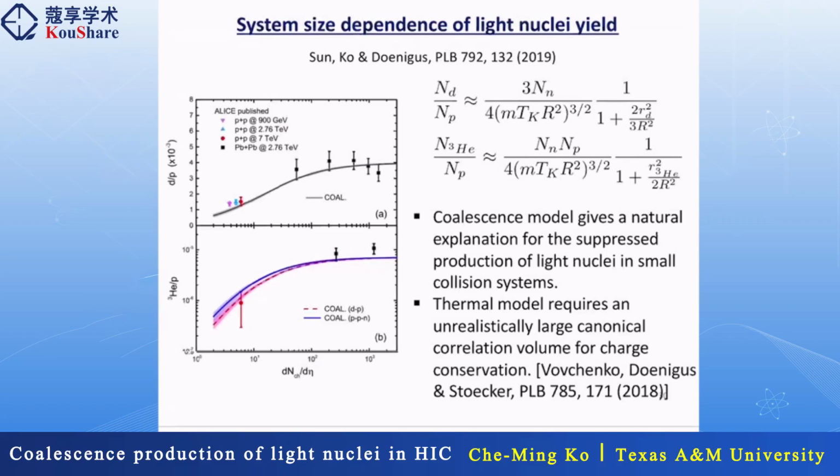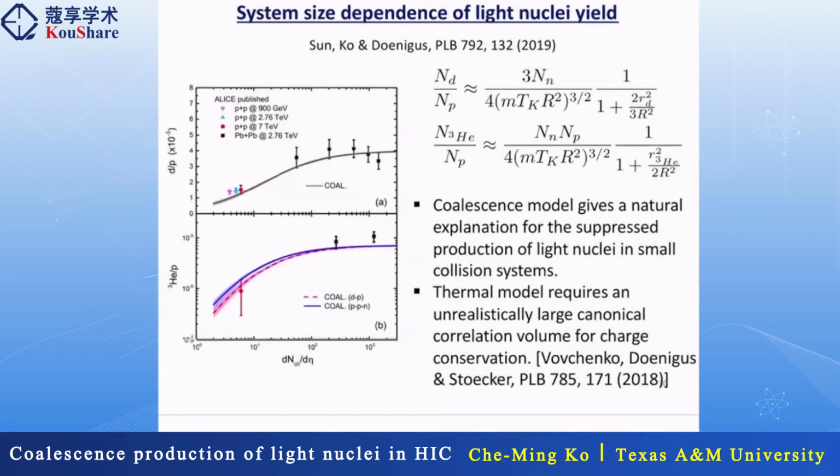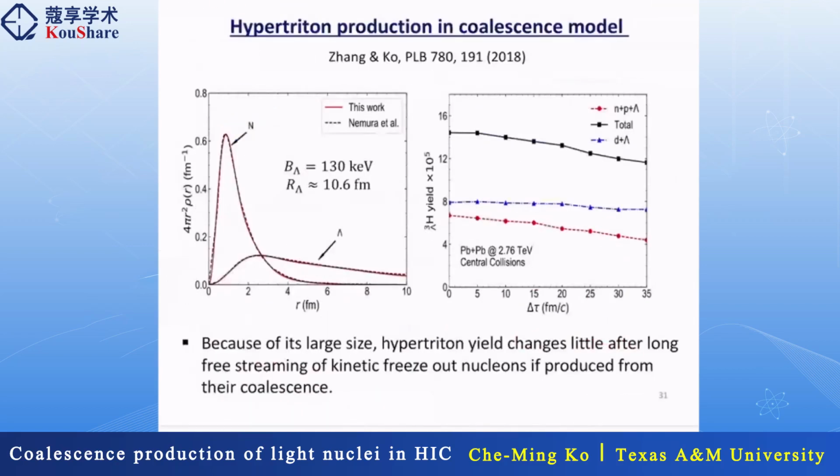The coalescence model can naturally explain this, as I already explained for the PP collision in the previous slide, because it takes into account the relative size of deuteron and triton relative to the fireball size. But in the statistical model, that is not there. You have to artificially introduce a very unrelated large canonical correlation volume to suppress the thermal production of light nuclei in small systems. Now, let me skip the hypertriton.